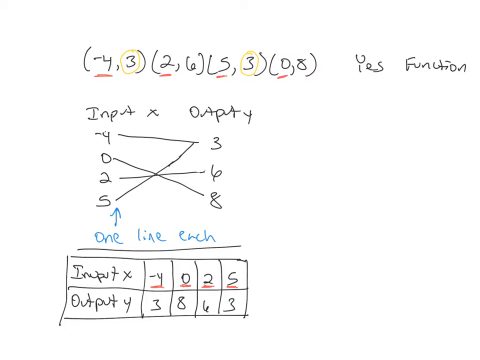Okay, and then lastly, if they were written on a graph, -4, 3, 2, 6, 5, 3, and 0, 8.